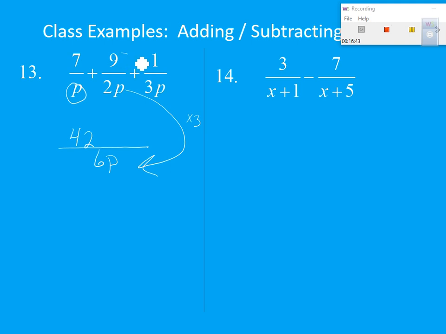So I'm going to take the 9 times 3 and put it right there. And then when I do my 3p to 6p, I need to multiply by 2. So to this numerator of 1, I'm going to multiply by 2 and get 2. Now, when I simplify that numerator, it looks like I get 71 all over 6 times p.